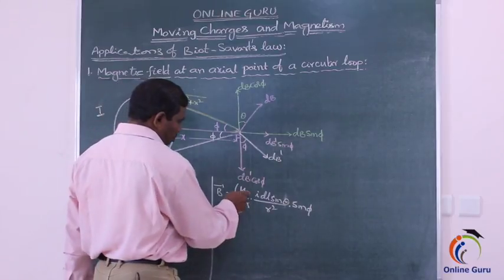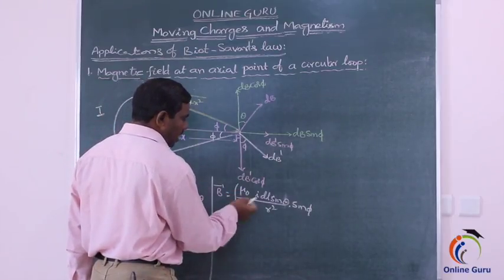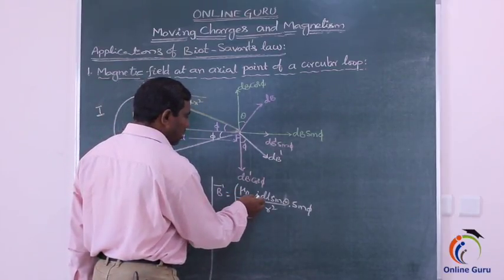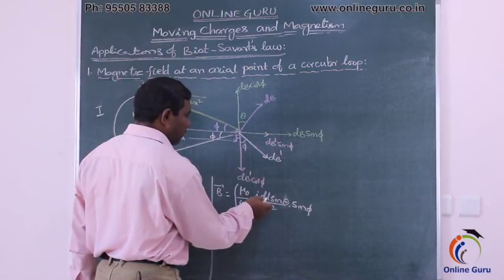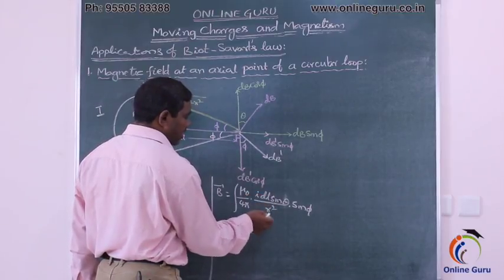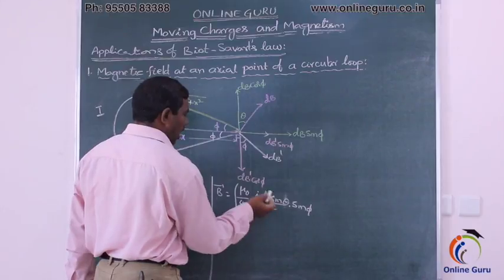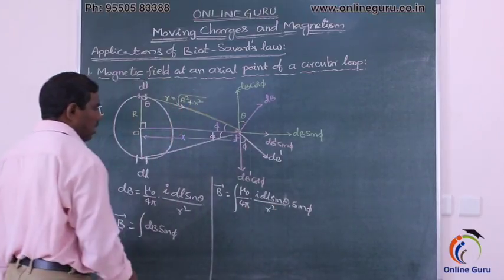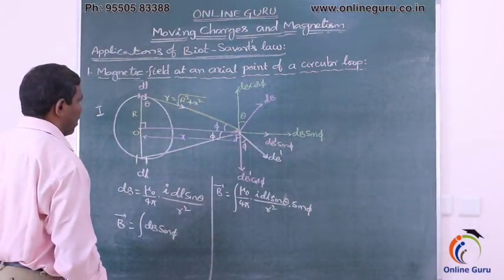Here mu naught by 4 pi is a constant, I, the strength of the current, is a constant, while the length and r square vary. All the constant terms we can take outside.